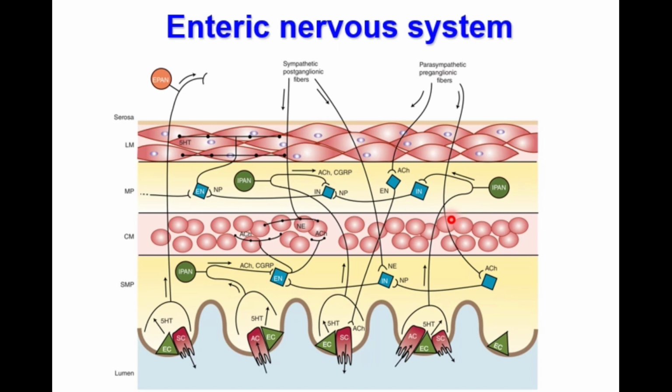It receives inputs from both sympathetic and parasympathetic systems, but can act on its own to control gastrointestinal function. In addition to acetylcholine and noradrenaline, many other neurotransmitters are involved, altogether named non-adrenergic, non-cholinergic transmission.